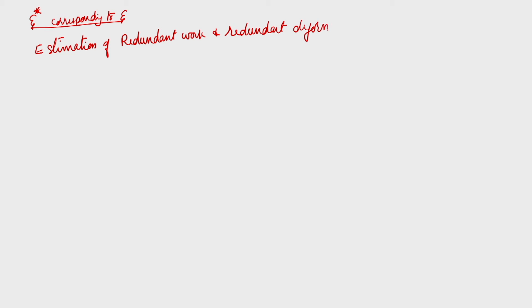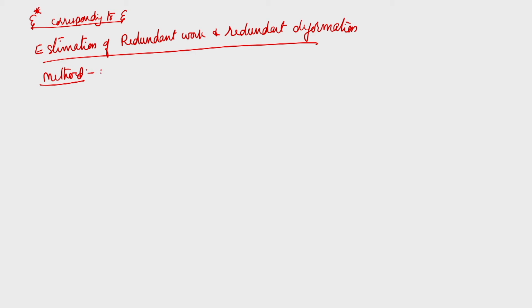But there are other methods of finding out the redundant work. So, estimation of redundant work and redundant deformation. We have several methods, I will just discuss one or two.